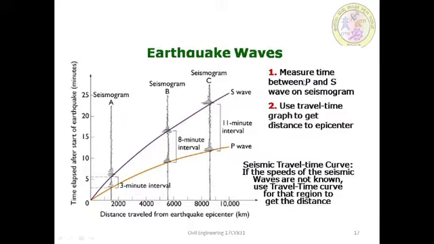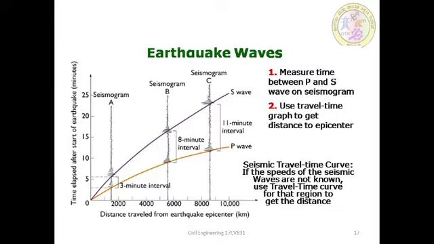The first step is to measure the time between P and S waves and use the time interval graph to get the distance. So here the distances are for A, B and C, from the travel time curve.